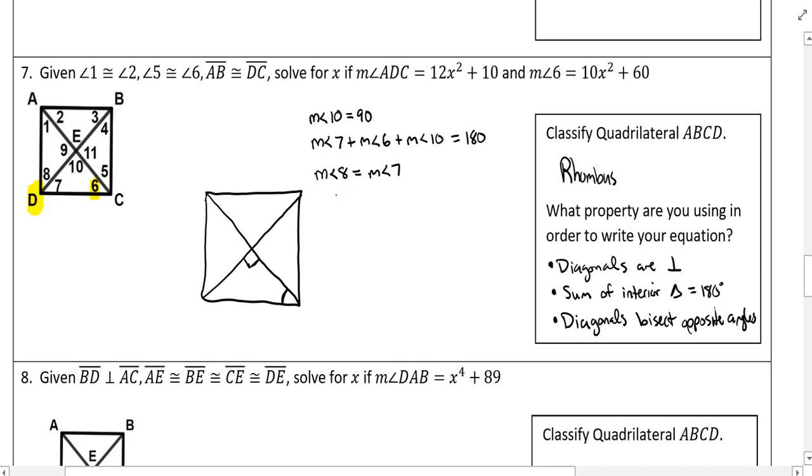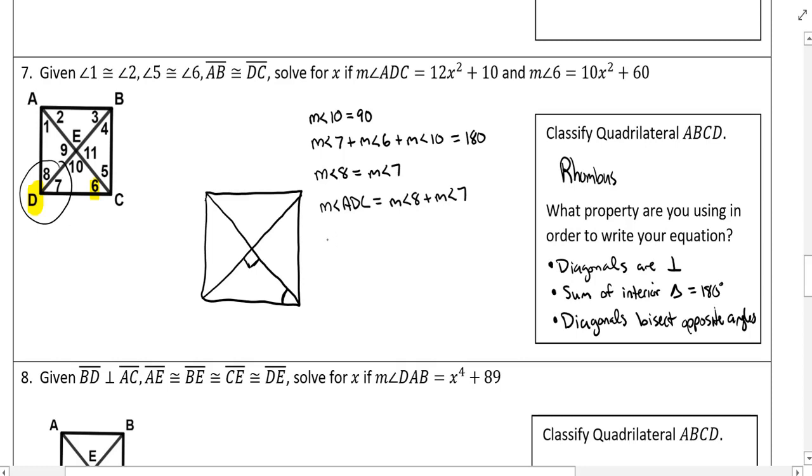Well, the angle that we're looking at, ADC, the measure of angle ADC is made up of the measure of angle 8 plus the measure of angle 7, just by the makeup of that angle. And if angle 8 and angle 7 are equal to each other, that means the measure of ADC is cut in half by the diagonal.